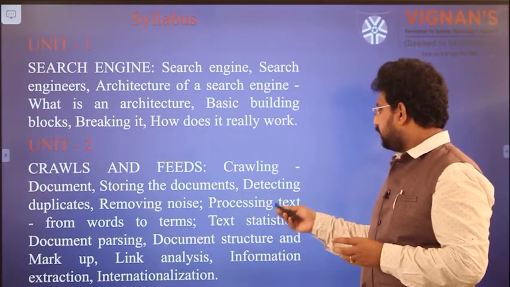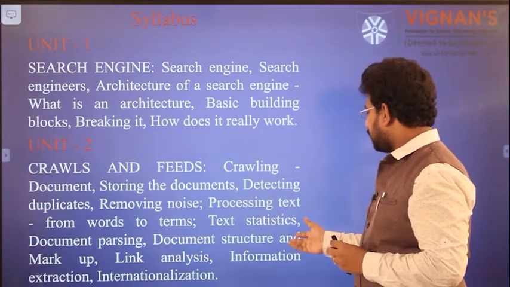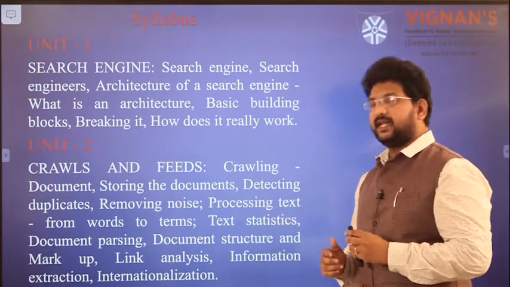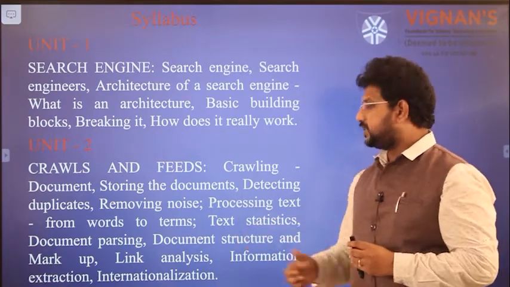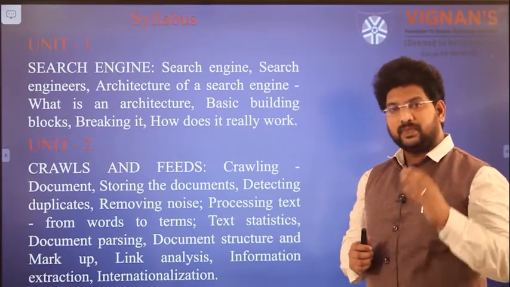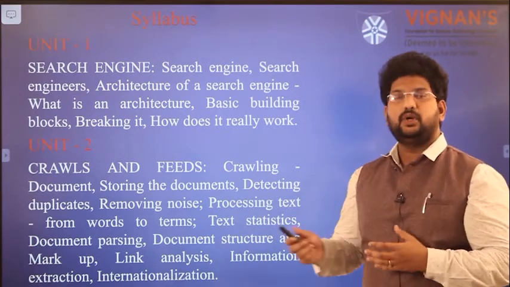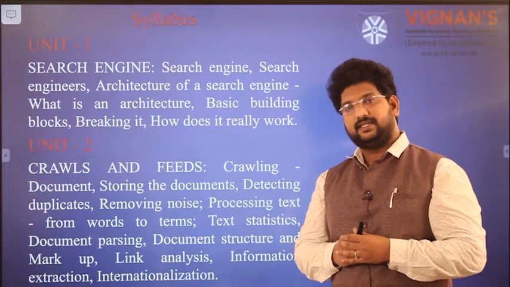With that we will cover text statistics, document parsing, structure and markup, and link analysis. As part of link analysis we will understand one of the familiar and popular algorithms, the PageRank algorithm, proposed by Google founders Larry Page and Sergey Brin.